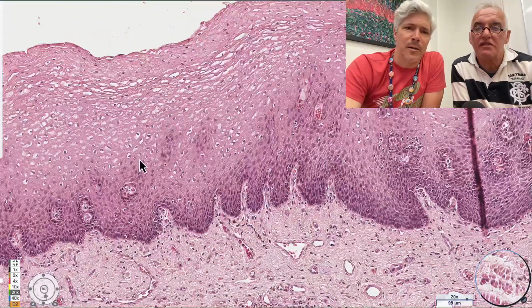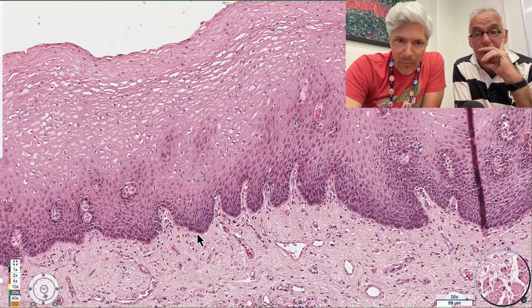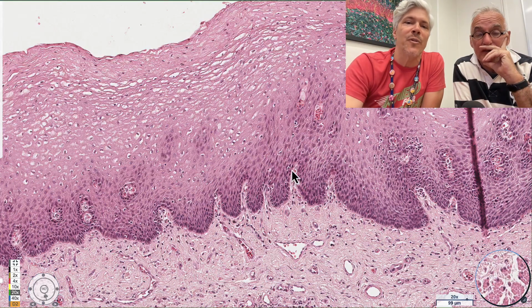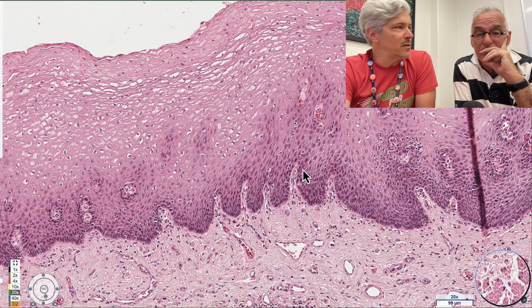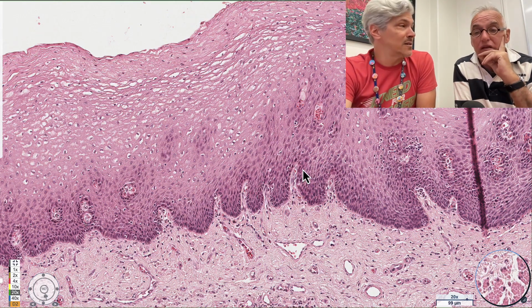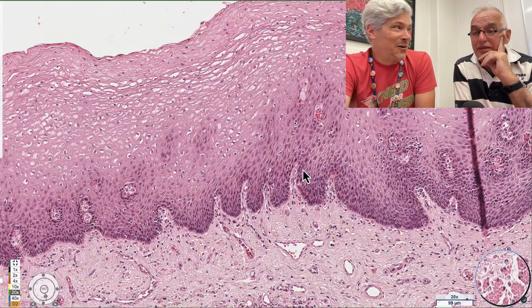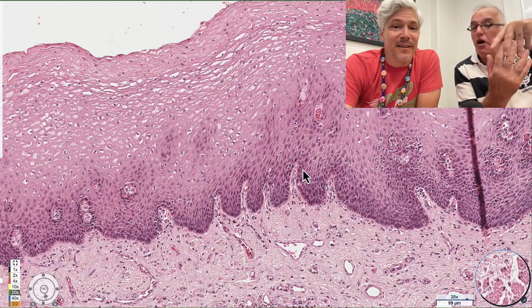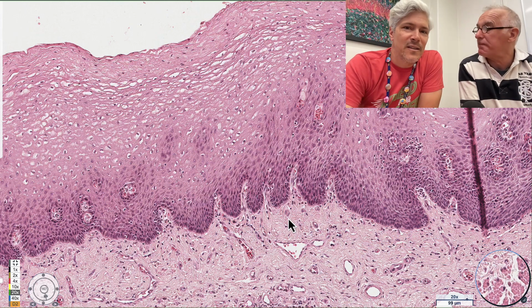Nigel, I just can't help but notice also, look at the basement membrane just undulating up and down and up and down. It's almost as if this epithelium is trying hard to stay hooked onto the layer below. Yeah, it's Velcro. It's trying to do a Velcro thing. It's a theme we come across when we do skin as well.